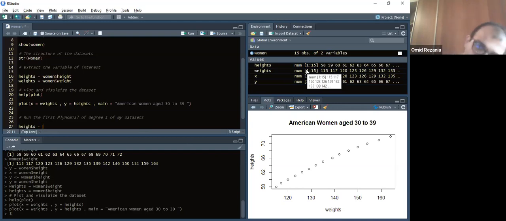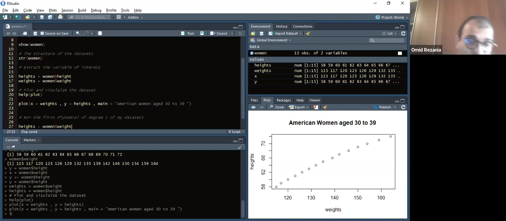You see that in the plot also, we have the weights and we have the heights. Height is going to be a function of the weight. For the weight, I can write again woman$weight, which extracts all the elements, which is denoted by the weight of all those 15 women.